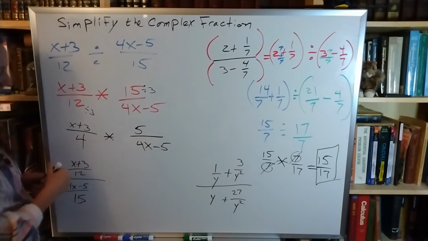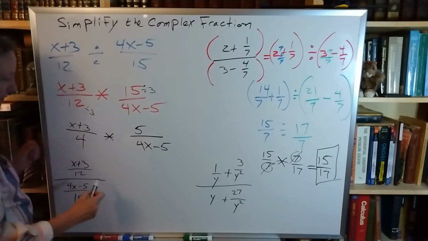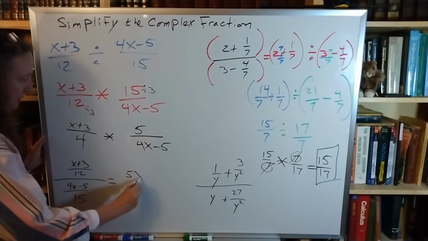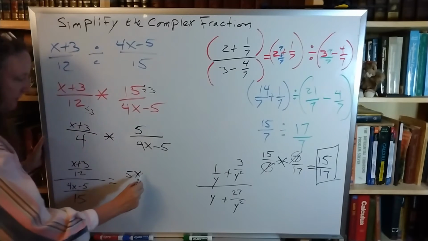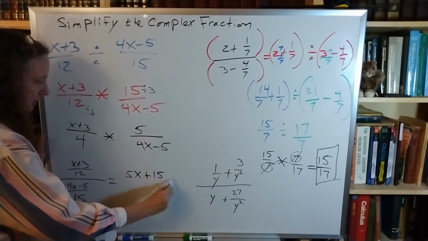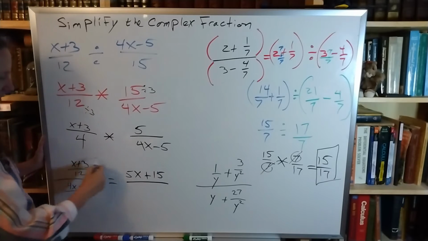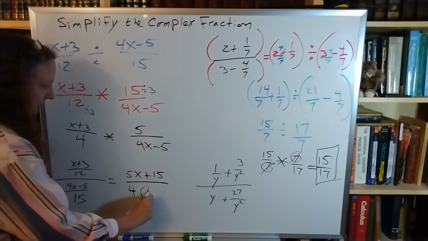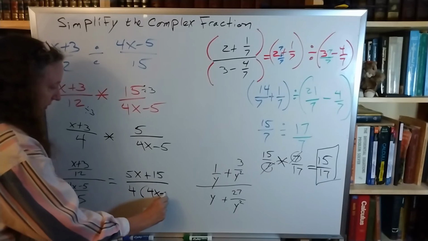So this is it. Put it all together, and I have 5x plus 15 over 4 times 4x minus 5.